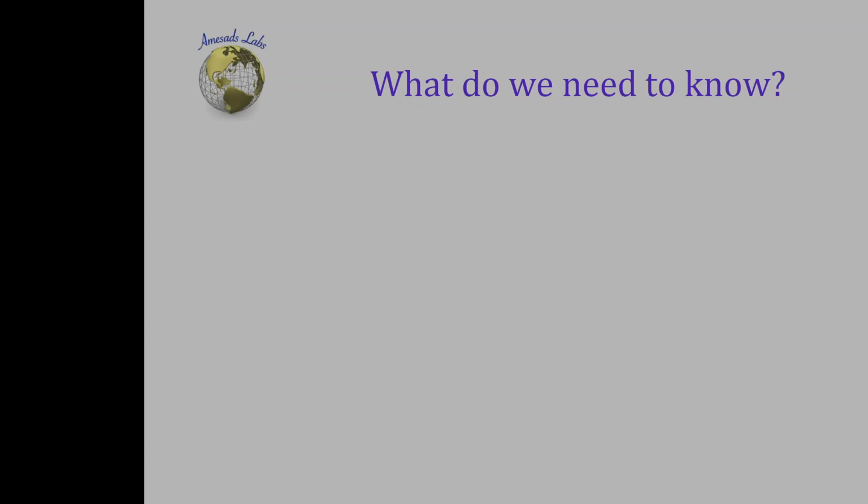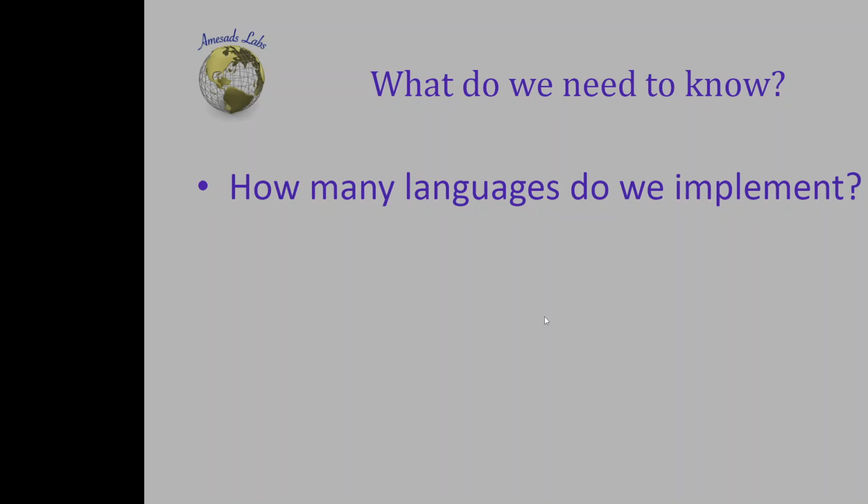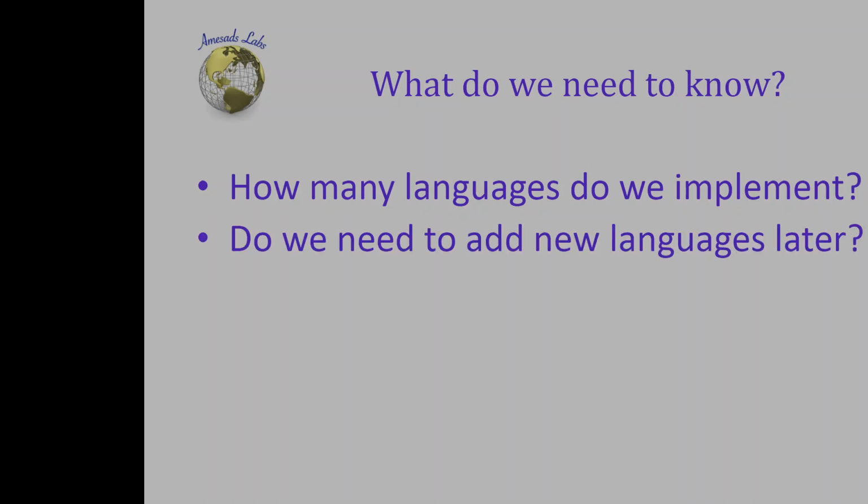So what do we need to do and what do we need to know? First of all, we have to gather all the requirements we have and things we need to know. How many languages do we implement? That is pretty much one of the first questions you should ask and answer.